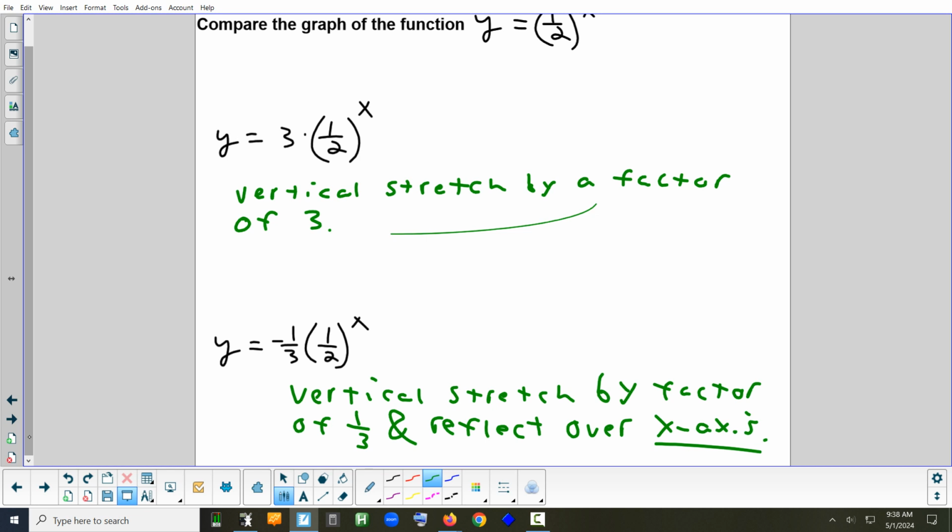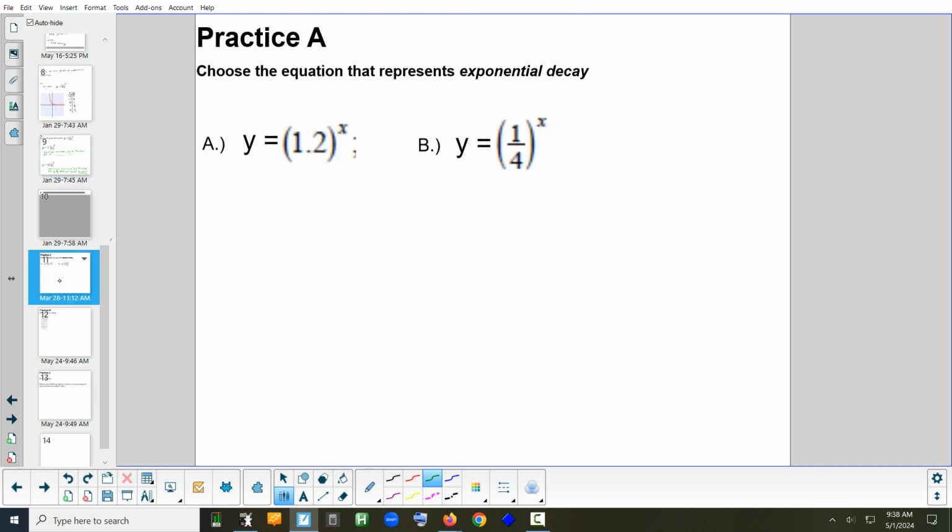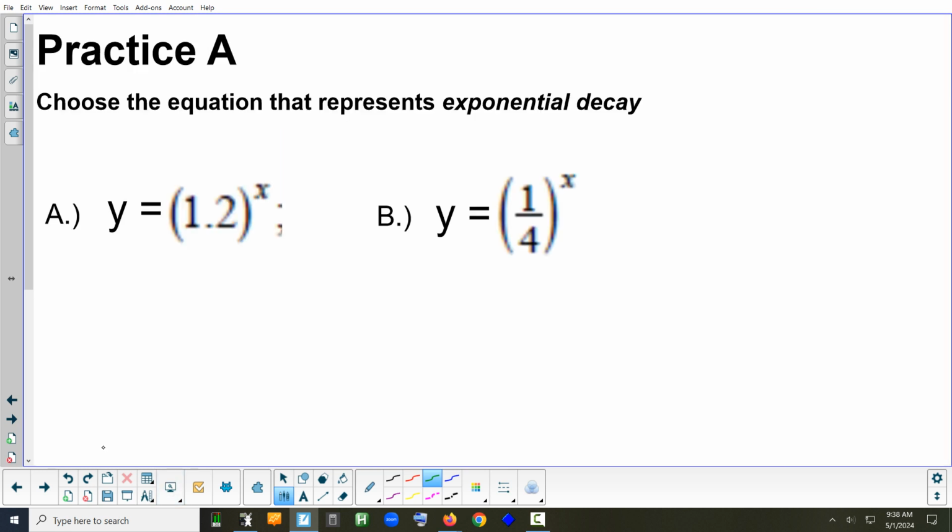All right. So we got a couple at the bottom that say practice A, B, and C. Let's do practice A together because this one's quick. Choose the equation that represents exponential decay. So you have y equals 1.2 to the x, and y equals 1/4 to the x.